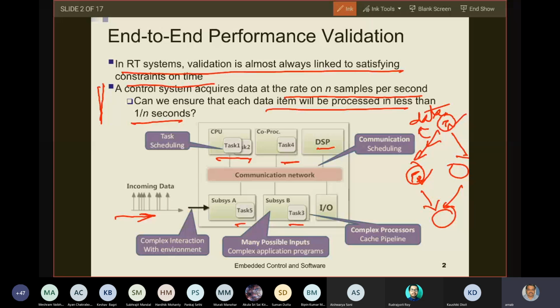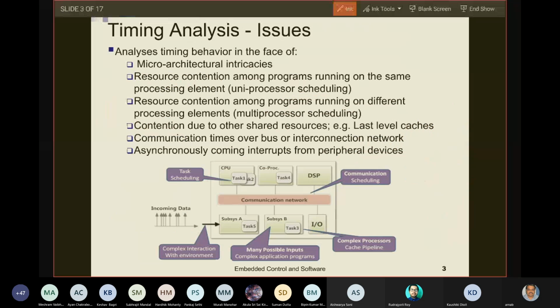But the next point is that finding accurate estimates of time is not so easy. Why? Because such analysis of how much end-to-end time an application is going to take has to be conducted in the face of multiple problems, multiple interfaces.